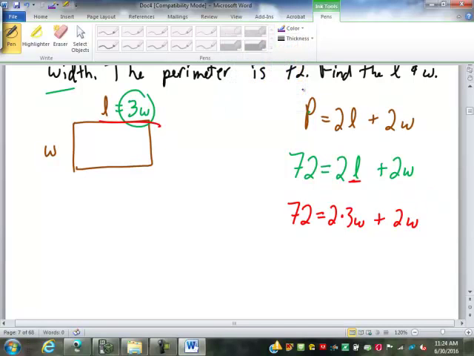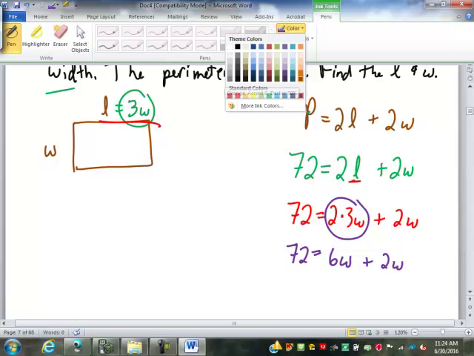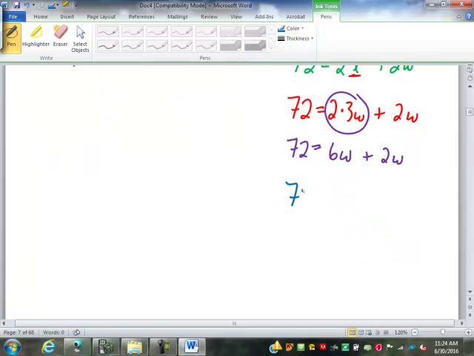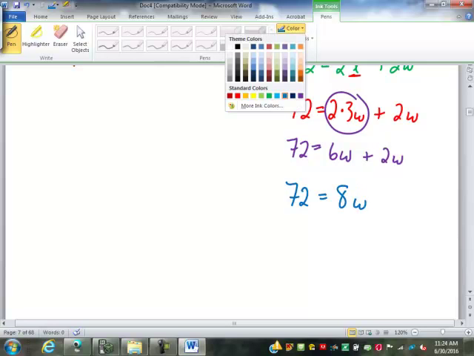What do we do next? Well, we gotta be careful, we gotta multiply first. 2 times 3W is 6W. Then we can add the 2W. So 72 equals 6W plus 2W is 8W. And then?